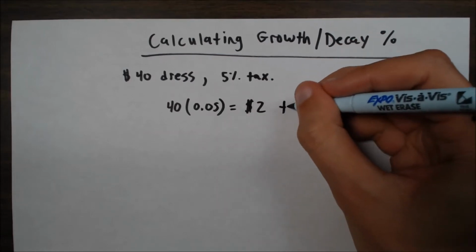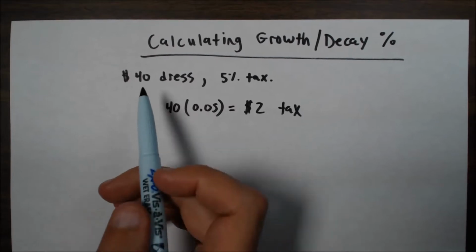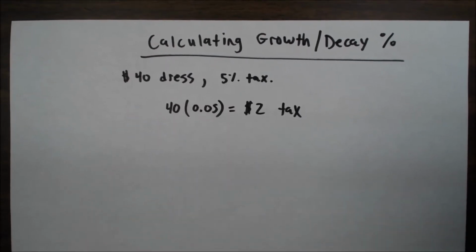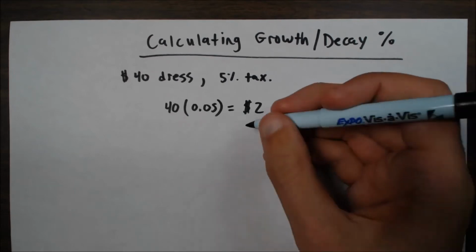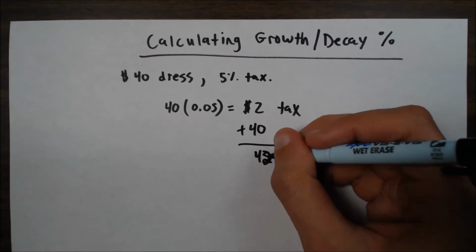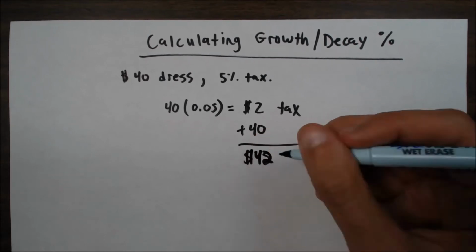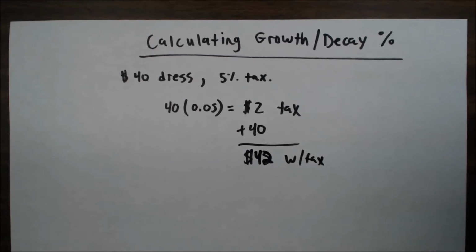Okay, that's just the tax. Well, what if from the beginning I had said, what would be the cost of the dress with tax? A lot of people would say, well, let's go calculate the tax amount, and then we're going to add 40 to that, and that's going to be $42 with tax.